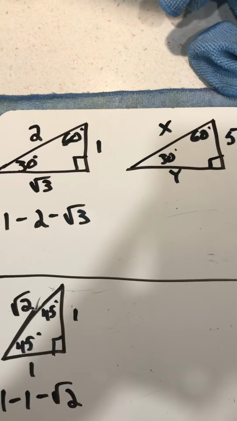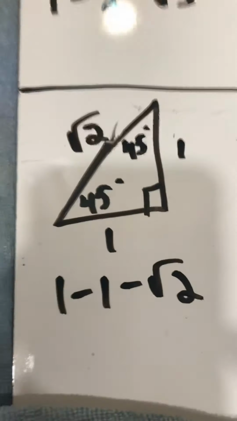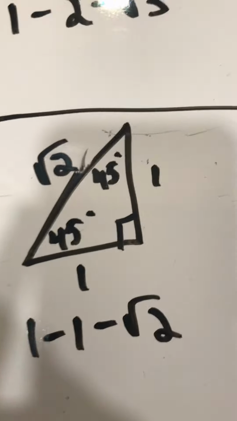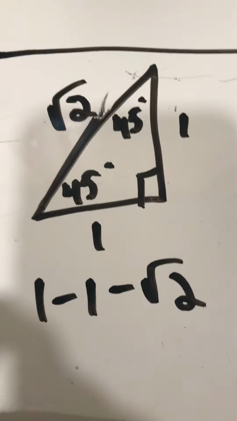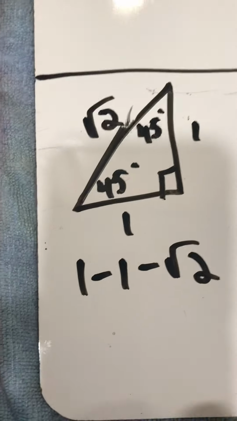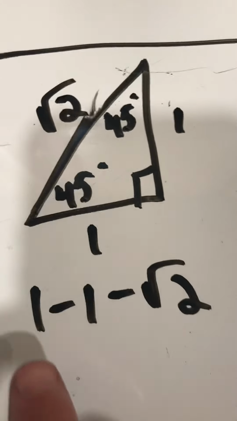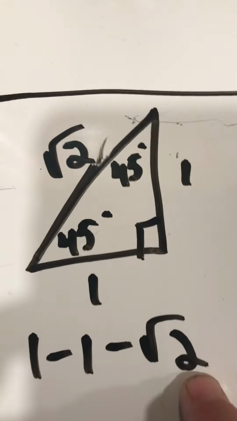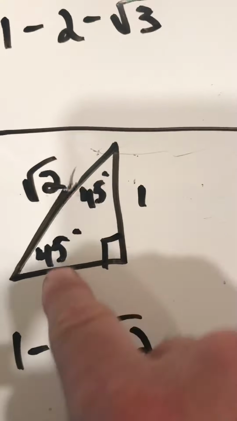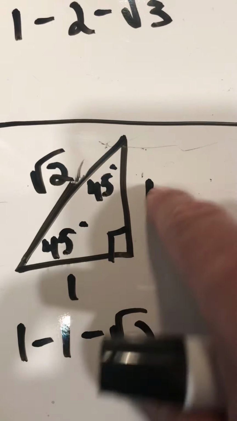Or you can use scale factor. Same thing here, except now it's not the ideal 30, 60, 90, it's the ideal 45, 45, 90. It's even simpler. You don't have to count to 3. You have to count to 2. It's 1, 1, radical 2. So opposite of each 45 are these 1 units.